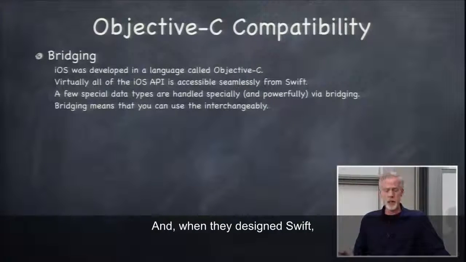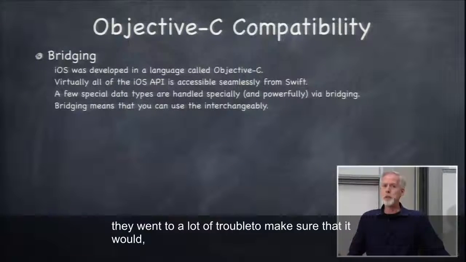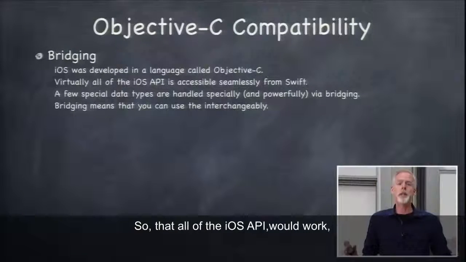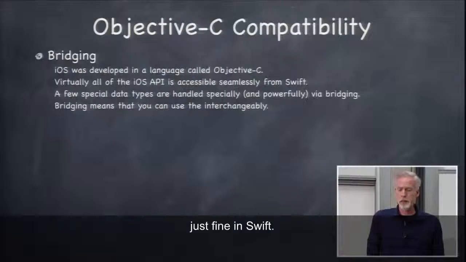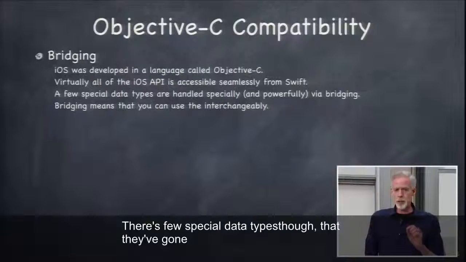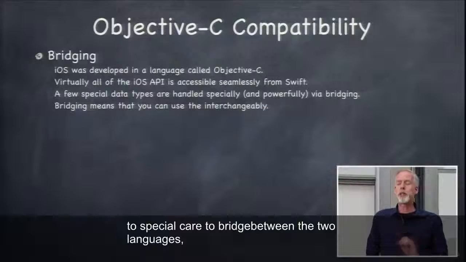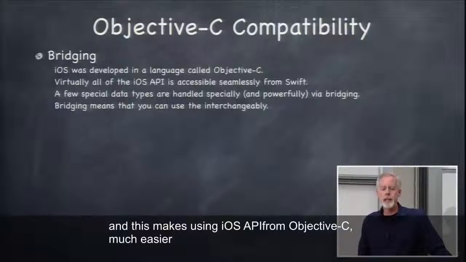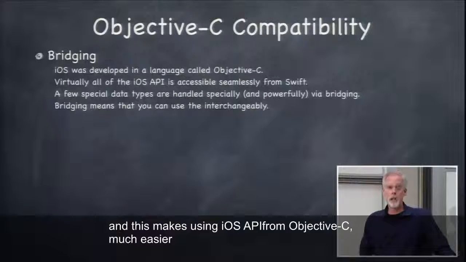And when they designed Swift, they went to a lot of trouble to make sure that it could be done in a very compatible way so that all of the iOS API would work just fine in Swift. There are a few special data types, though, that they've gone to special care to bridge between the two languages. And this makes using iOS APIs from Objective-C much, much easier in Swift.